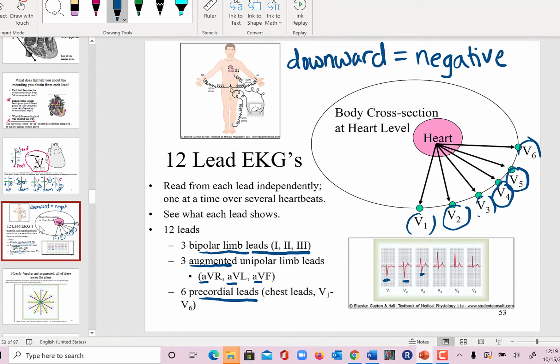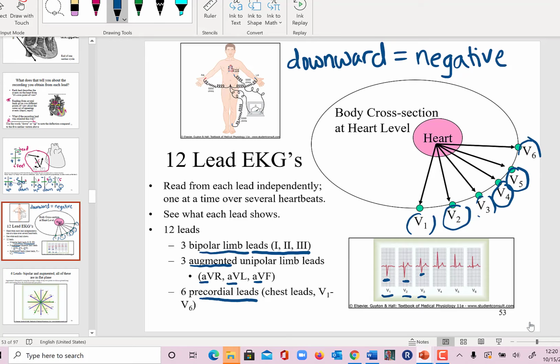So a downward deflection or negative. Downward, remember, means that the precordial lead and the cardiac vector must be anti-parallel. That is why the pen is going down. So that must mean that V1, V2, and a little bit for V3 are going in an anti-parallel fashion.